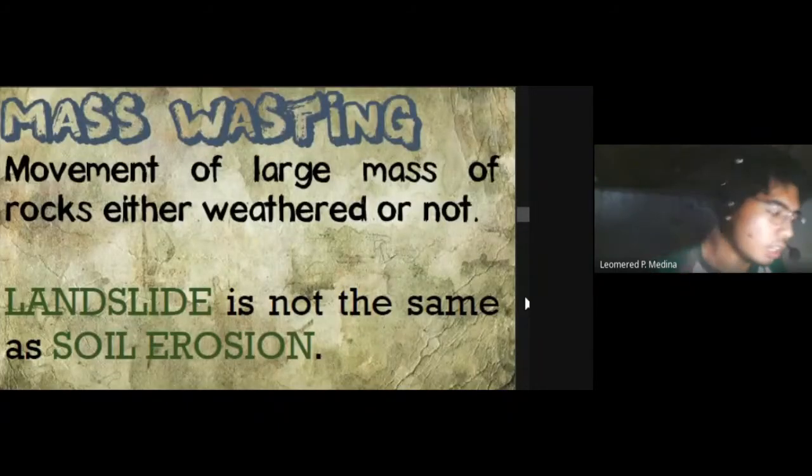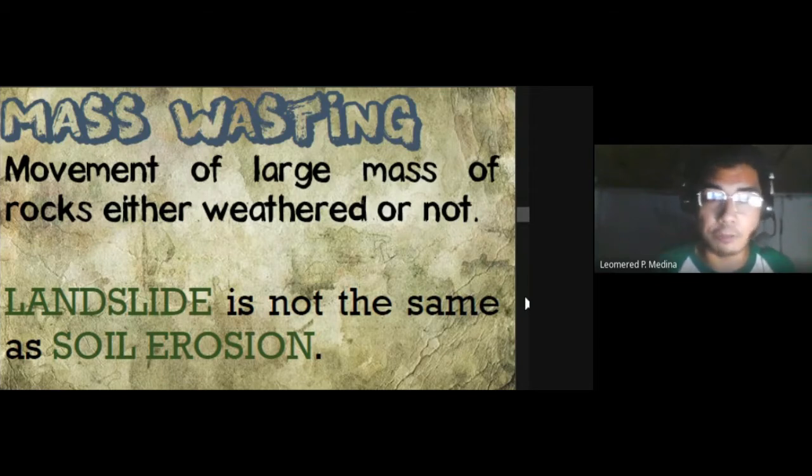So other than weathering, there's also another type of exogenic process known as mass wasting. Mass wasting is the movement of large masses of rocks, either weathered or not. And there is the presence of landslide and soil erosion. So what is the difference between landslide and soil erosion? Whenever we are talking about soil erosion, it is actually the process of eroding part of a specific portion of the land.